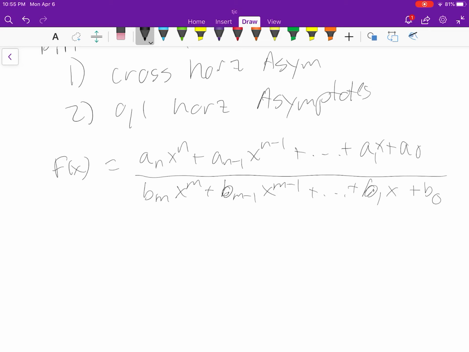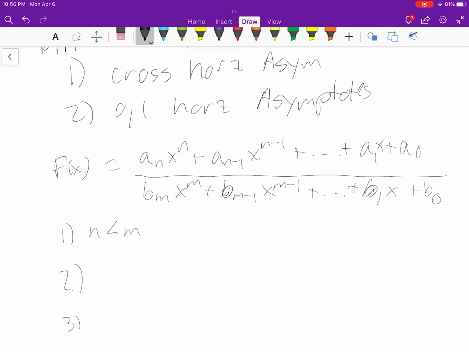What you're going to do is compare the highest power, the power of the polynomial. You're going to compare n and m, and you're going to have three cases. Case 1, n is less than m.